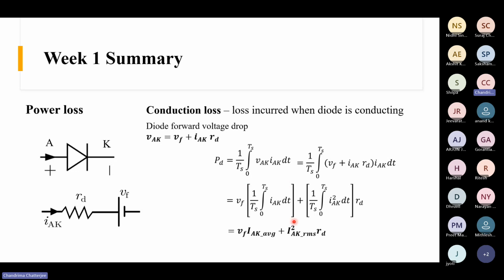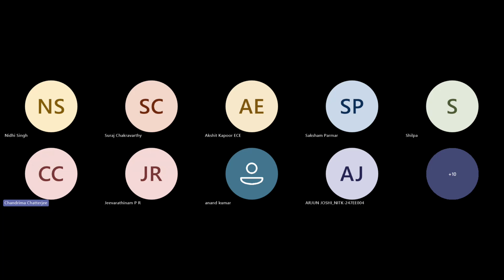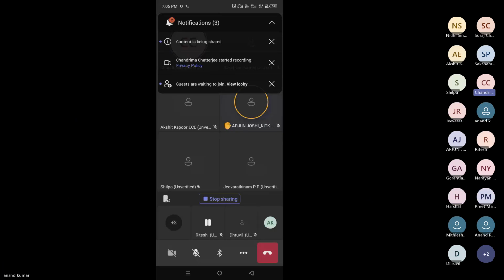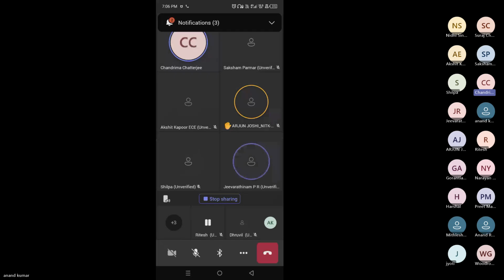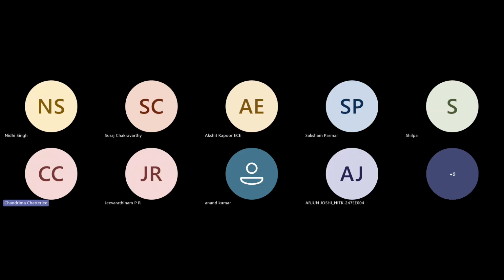If you want the average of any quantity, not only current, you need the periodicity Ts, the time period after which the sequence repeats. You integrate the quantity over time and divide by the time period.